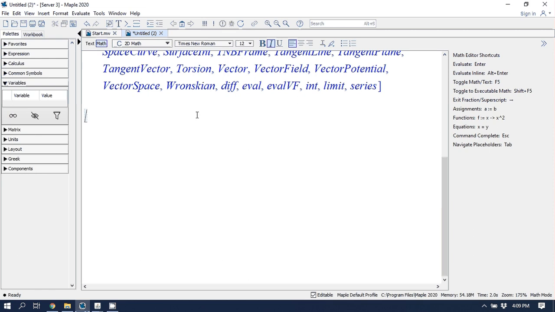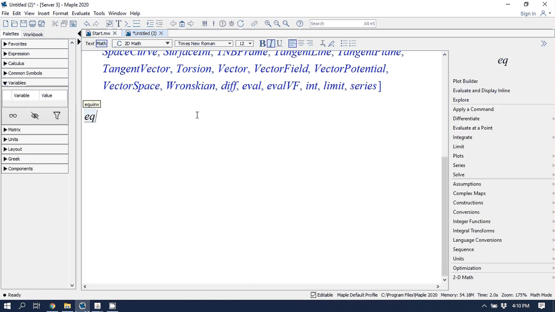Another thing I want to do is to assign each equation in the system to one variable, because then I can refer to those equations faster. So for example, I'd like to call each equation in the ODE system by the initials EQ, from equation, and then a letter that signifies the dependent variable for that equation.